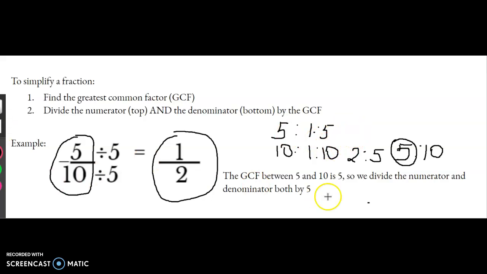What is the next number that can divide 5? We cannot divide 5 by 2. We cannot divide by 3. By 4, no, we cannot divide. So now we will divide 5 by 5. 5 divided by 5 is 1.